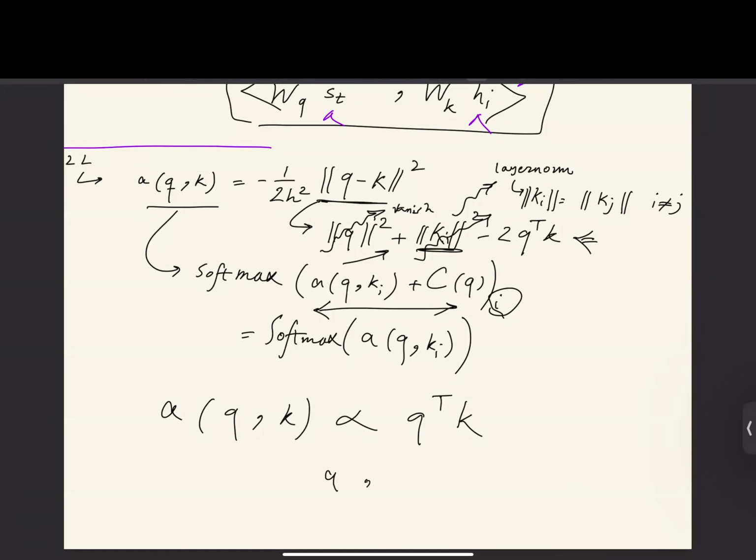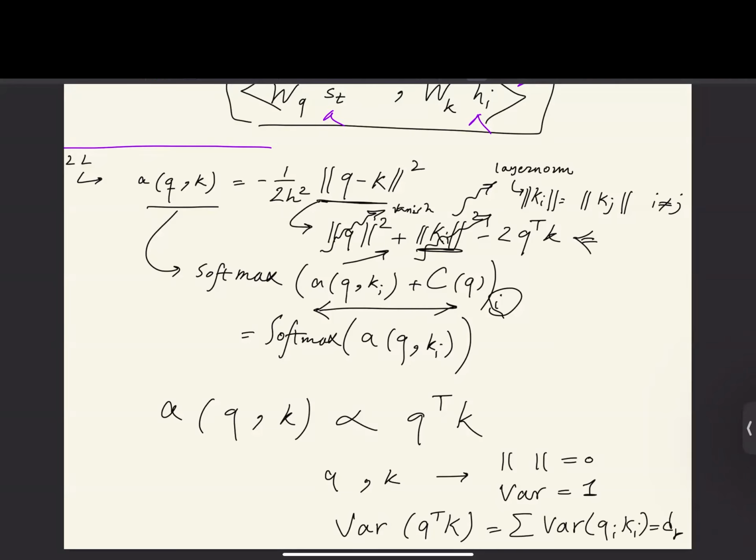Even if q and k both have expectation 0, are centered, and even have variance 1, the variance of the dot product is the summation of all of these variances, which is the dimension. When the dimension goes higher, this variance goes higher.